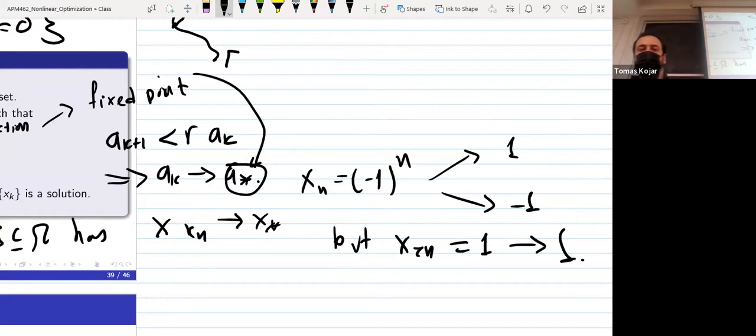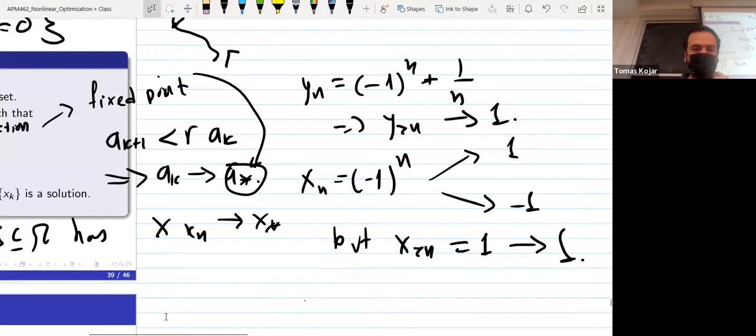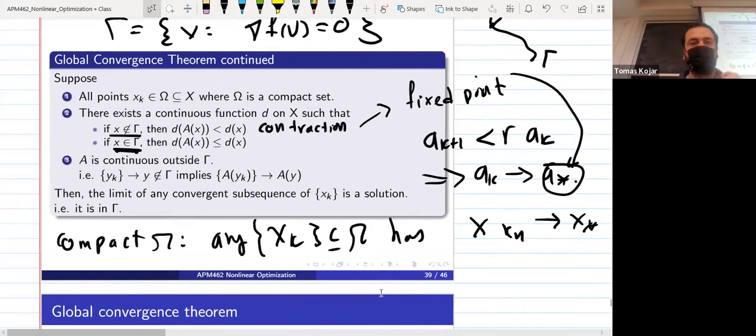Yeah, I know this is a stupid example. I can make it more complicated. Make it like 1 over n, right? And then y of n, you have that y of 2n goes to 1. Good. So that's what we mean by subsequence, and this is compactness.